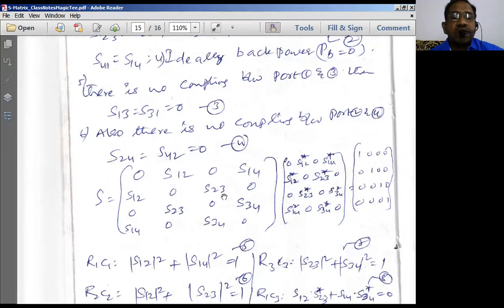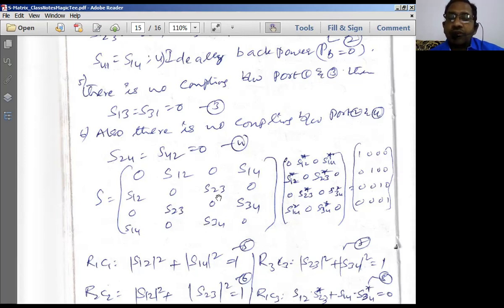The next one is S23 and 0. This is S31, 0, S31. What is S31? S31 is 0. The next one is S32, which can be written as S23. Similarly, 0, this is a diagonal. S34. And S41, which I can write as equal to S14 because S14 is here.